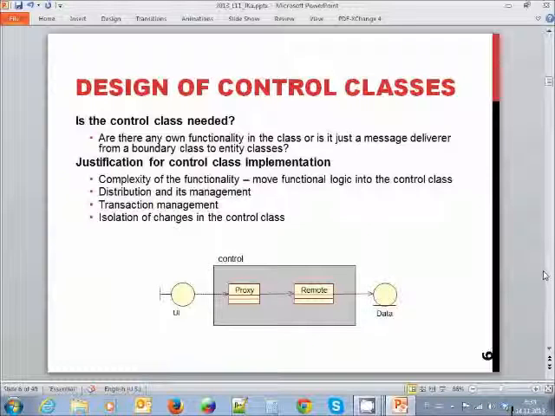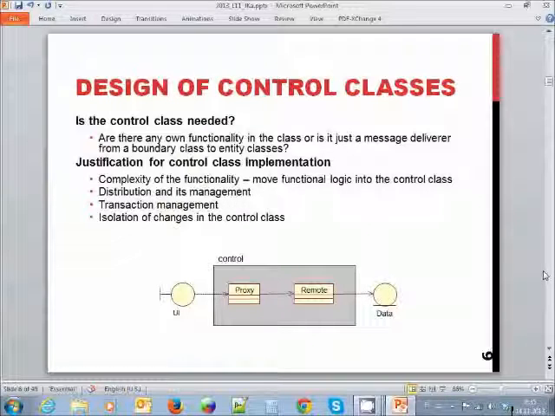So the control class from the BCE model usually distributes its functionalities and information to a number of other classes which do things like transaction management, distribution, calculations, graphics engine, 3D engine, physics engine, even if we are talking about things in the games industry.